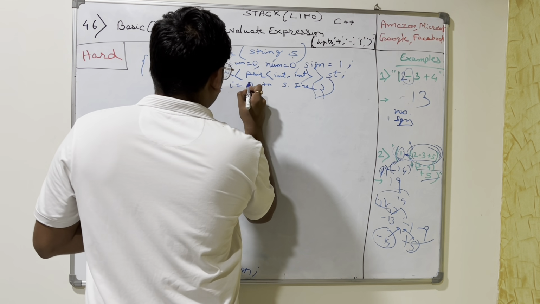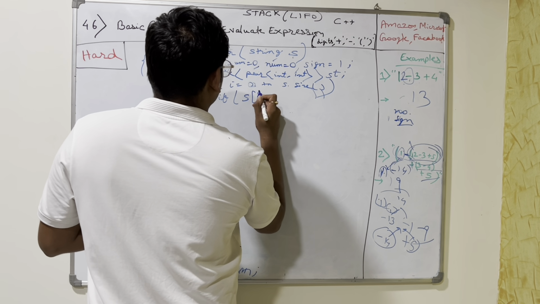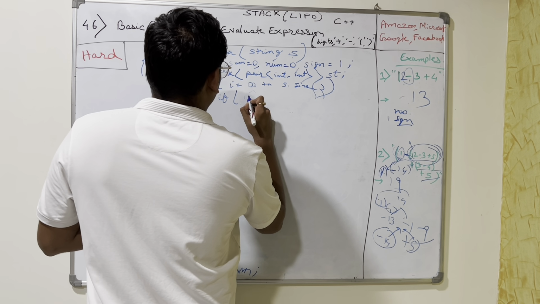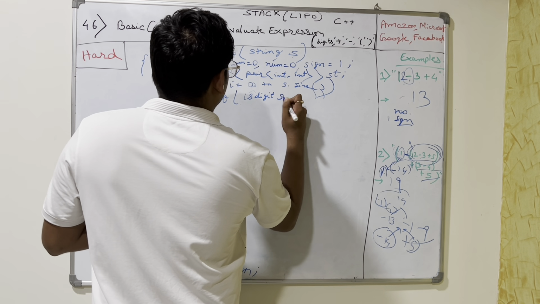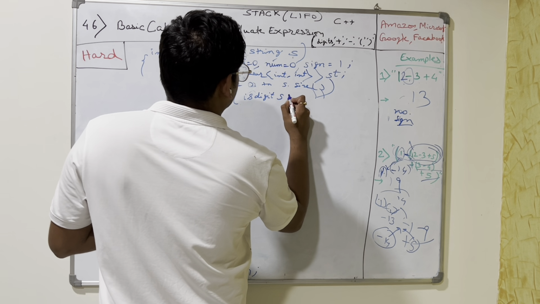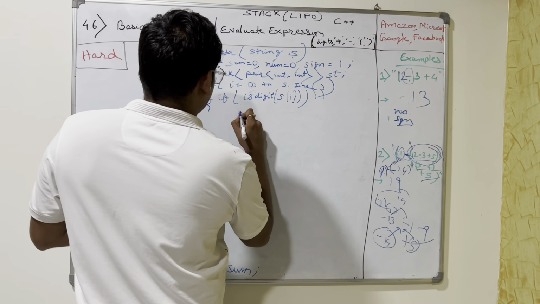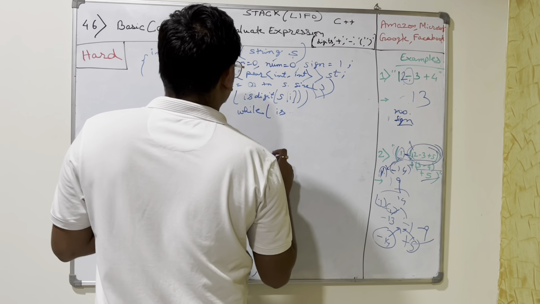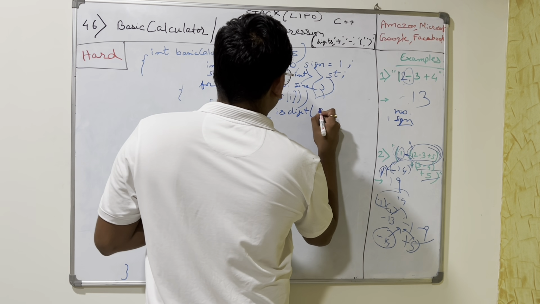So if we get s[i] as a digit, if is digit s[i], then till the time it is a digit. isdigit is a library function.